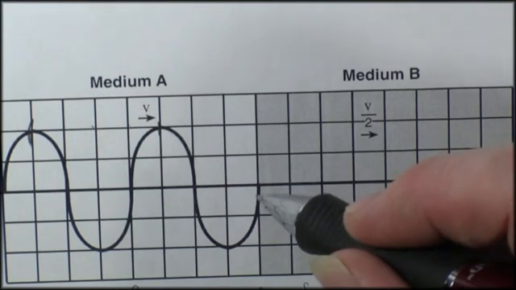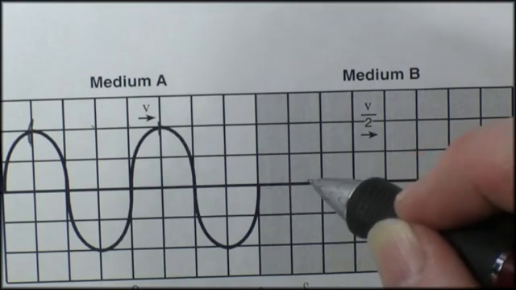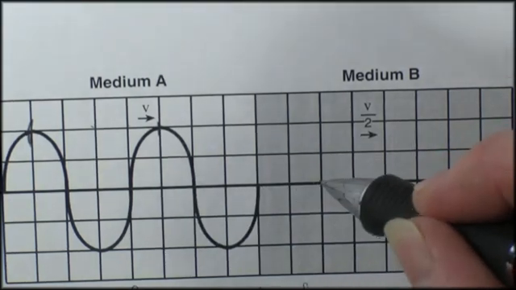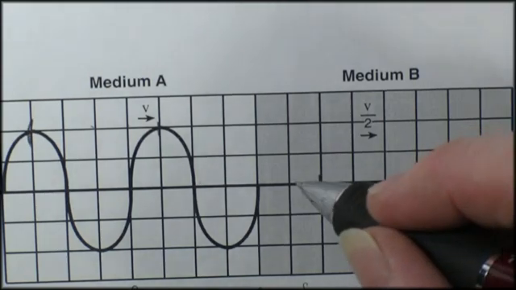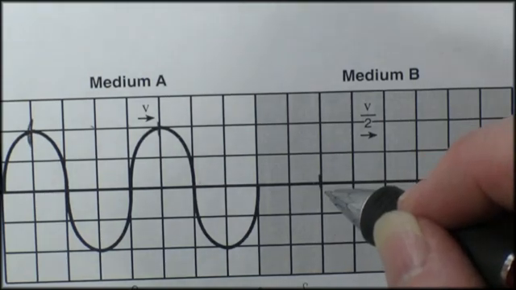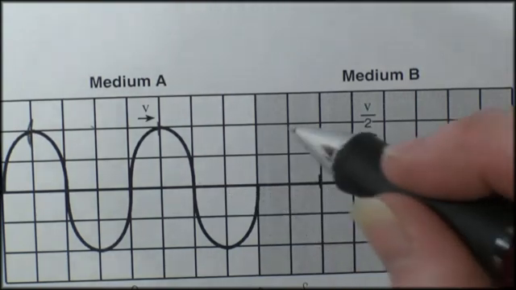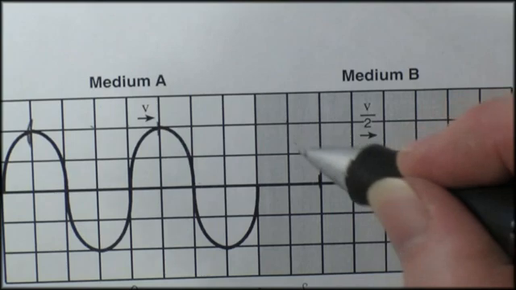So I've got 1, 2, 3, 4, 1, 2. I've got to have a full wave right in here. 1, 2, 3, 4, yep. 1, 2, I've got to get a full wave. Now the amplitude is going to be the same.